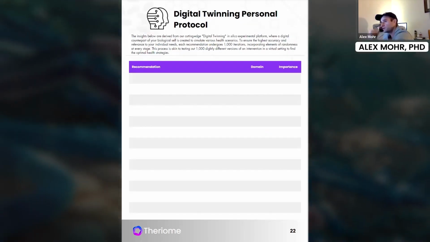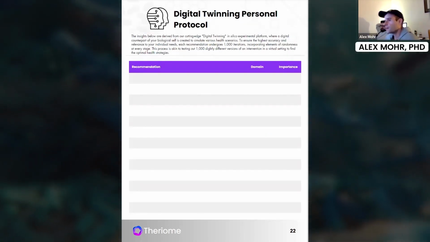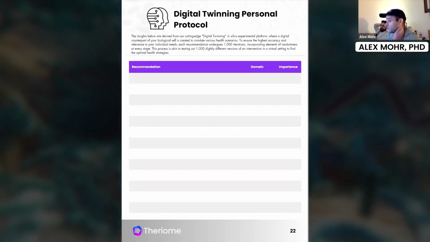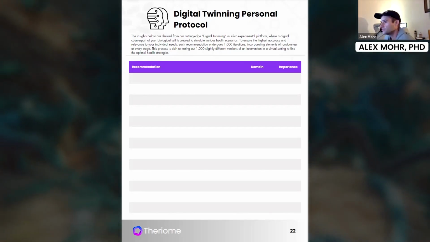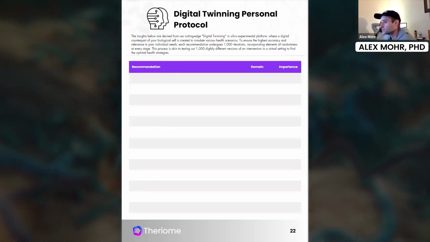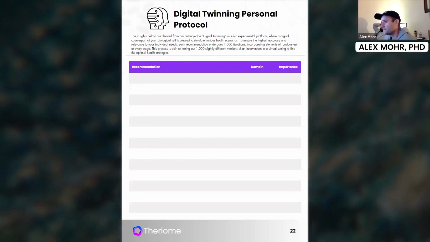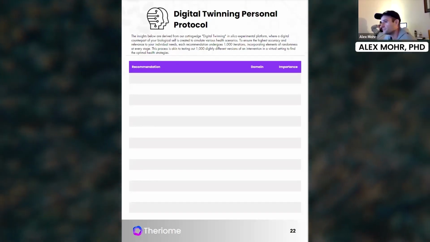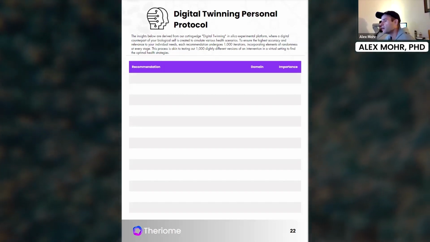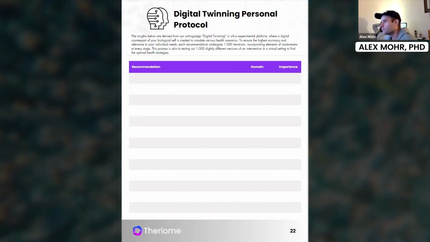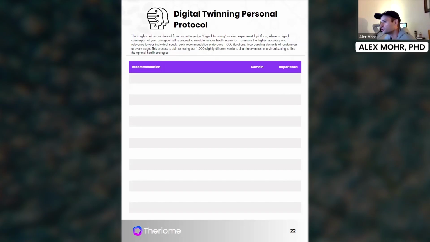From here, the digital twinning section, we're not going to break it out by domain because some of these recommendations are going to capture several domains. So we'll have the recommendation and then the domains that that recommendation falls within, and then we'll have an important score in terms of what you should be.